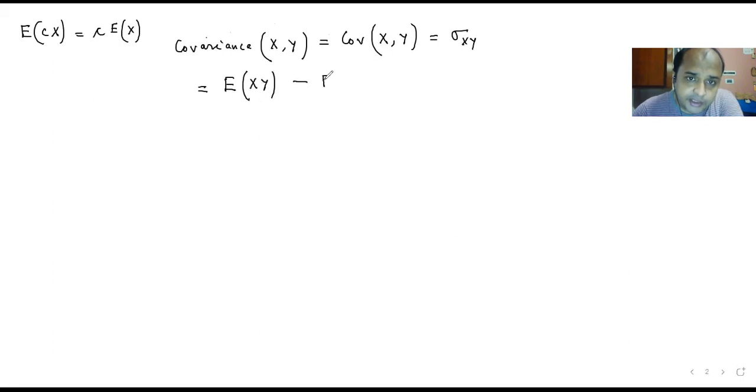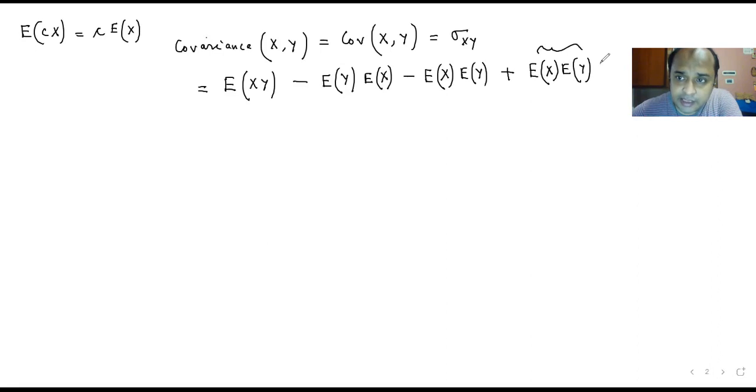We can take expectation of Y outside, and inside X will remain. We can take expectation of X outside, and inside Y remains. And we can take expectation of X and expectation of Y outside. The product of the two expectations will be taken outside, and what remains inside is the constant quantity 1.